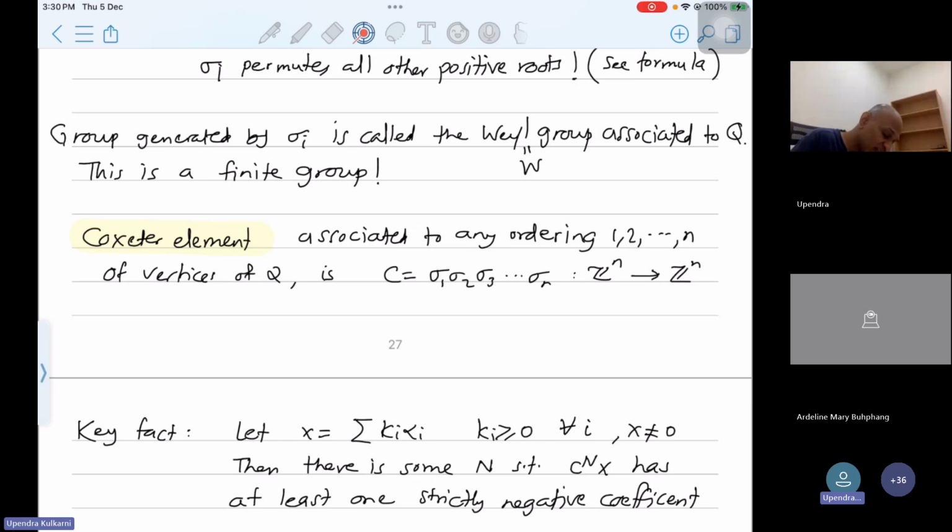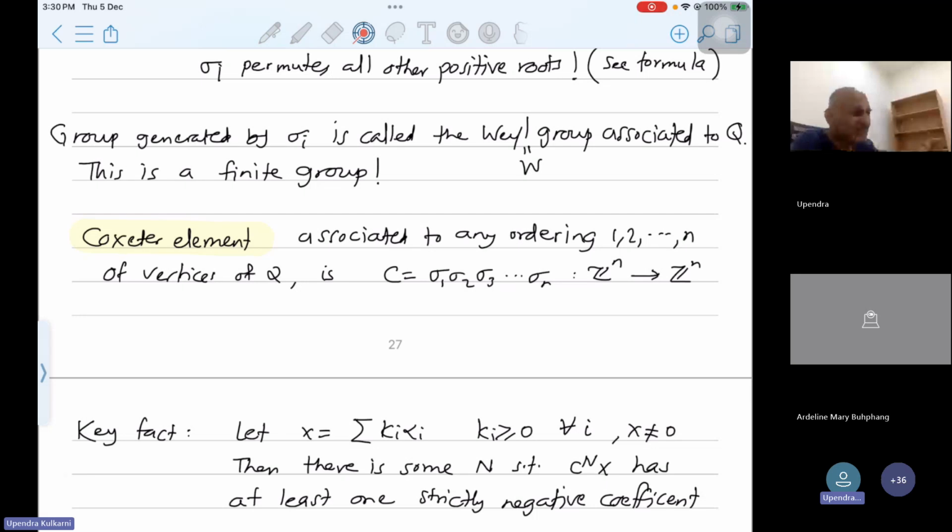So what it says is that if I take a positive vector, then there is some way in which I can apply sigmas to it so that at least one coefficient becomes negative.